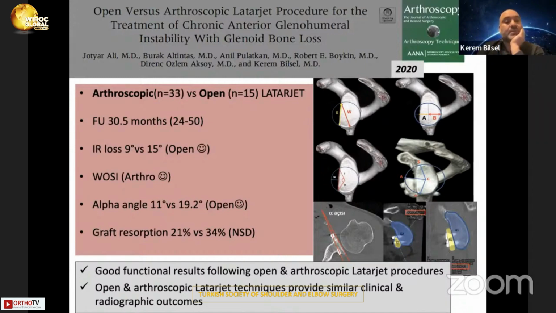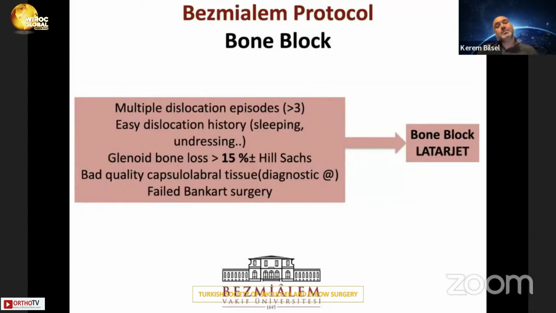But interestingly, internal rotation loss is evident in the arthroscopic one, and the alpha angle is better in the open surgery, and there's no statistically significant difference between two groups in terms of graft resorption. So open and arthroscopic Latarjet techniques provide similar clinical and radiologic outcomes in our study. So this is my last slide.